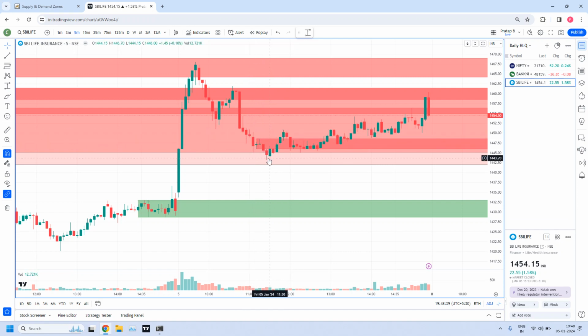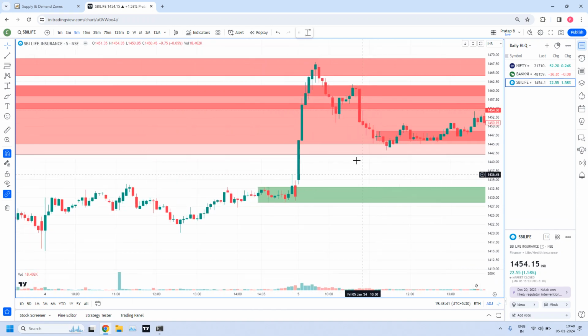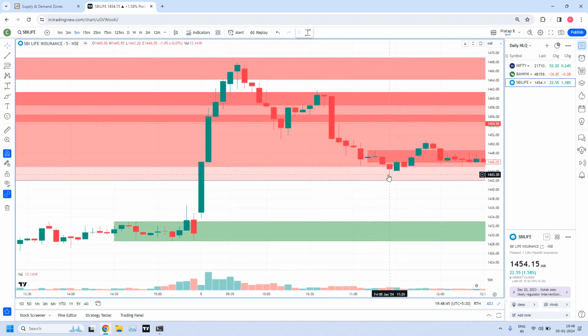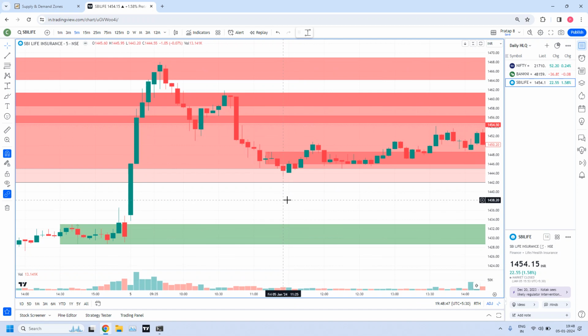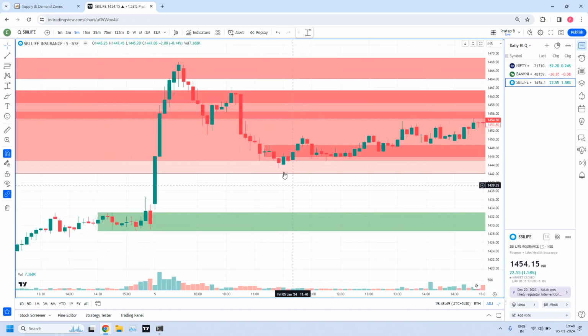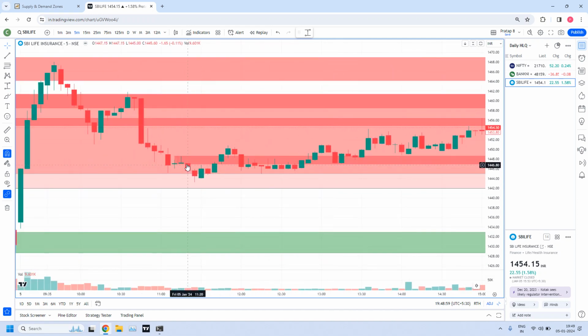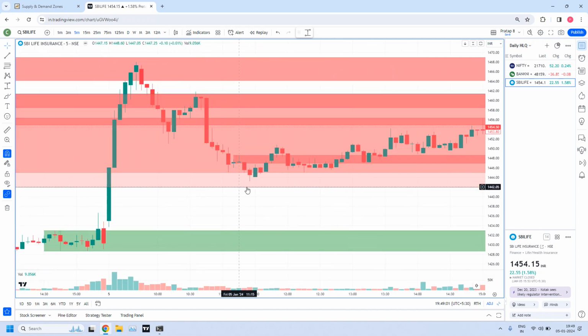We have a drop, base, drop. It's not a great leg out, but okay, the follow through candle is there. We can consider it. Now this zone, if I draw it, you will see this leg out is convincing now.